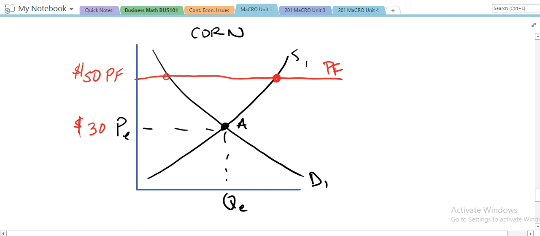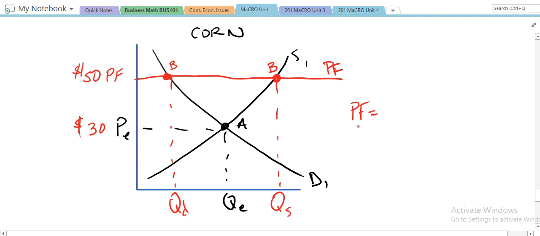If you notice here at these two points, we'll label them point B. At the price floor, you have supply. Of course, suppliers want to supply a lot of it. There's our quantity supplied. Remember, the supply and demand curves don't shift.